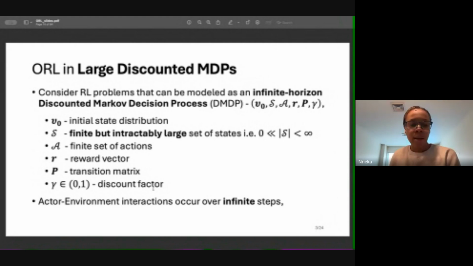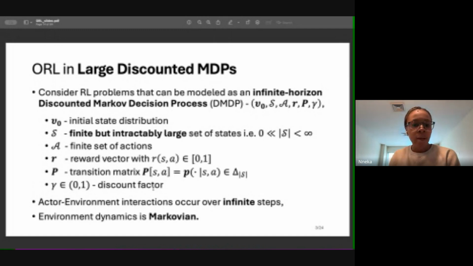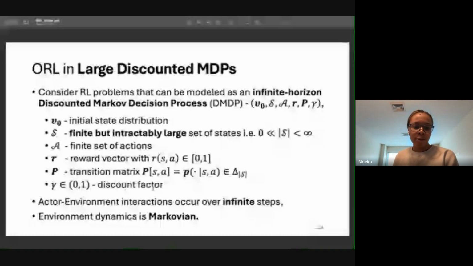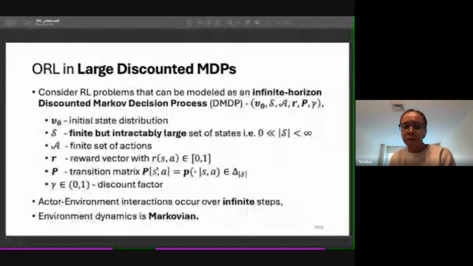We also assume that the actor can interact with the environment over an infinite number of steps, and that the decision process is Markovian, meaning that in each step, the actor's immediate reward and next state transition depend only on its action in the current state, not on its entire interaction history.